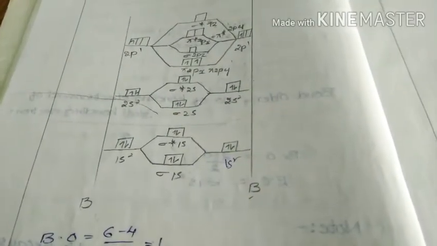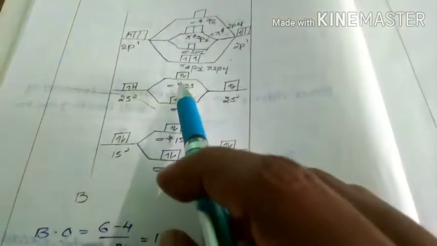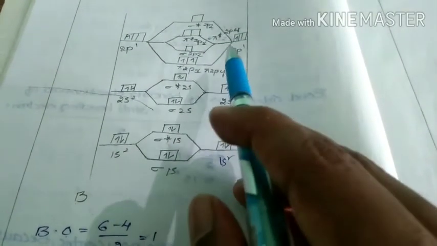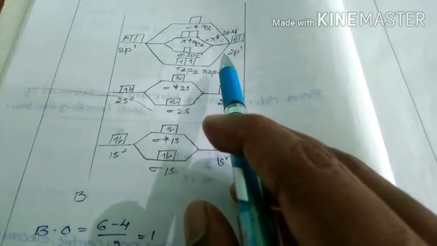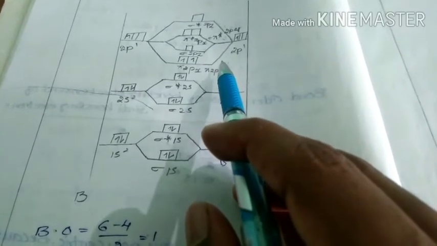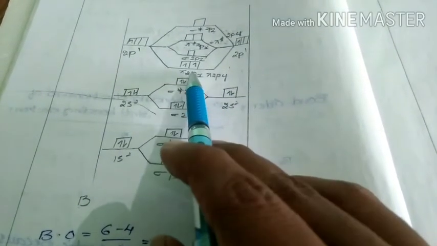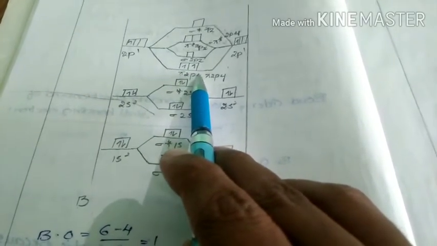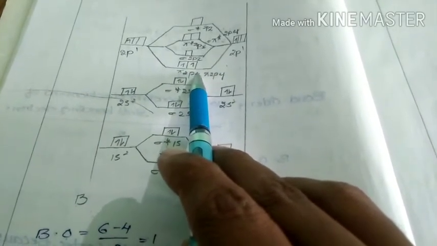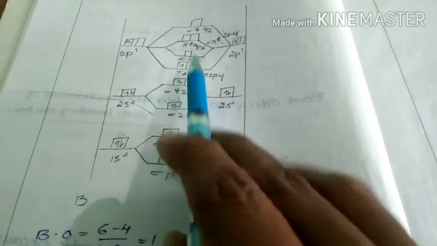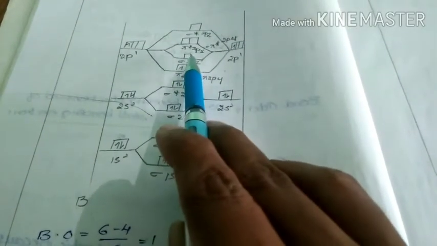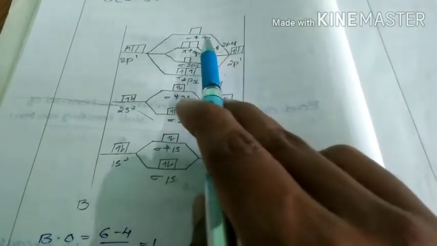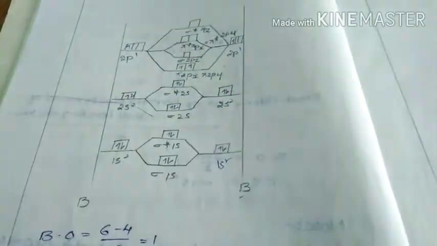So these are less than 14. In case of less than 14, pi 2px, pi 2py come first, after sigma 2pz, then pi star 2px, pi star 2py, then sigma star 2pz. I discussed these points already.